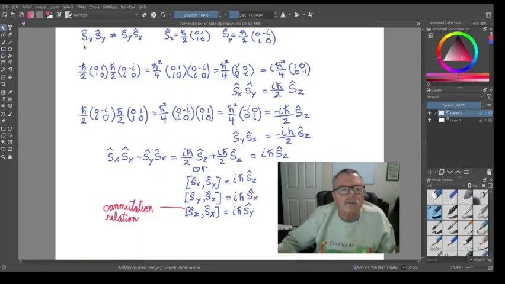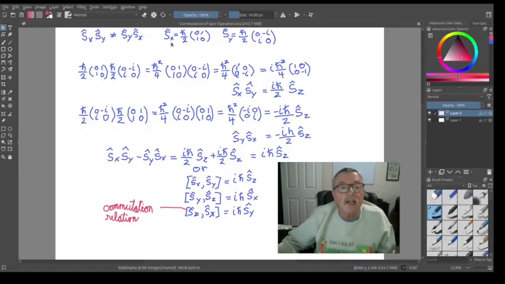Okay, here's a strange thing. If we measure x and then measure y, that's going to give a different result than if we measured with y first and then measured with x. Now that may not seem strange, but it's pretty strange because the previous measurement affects what this one is.